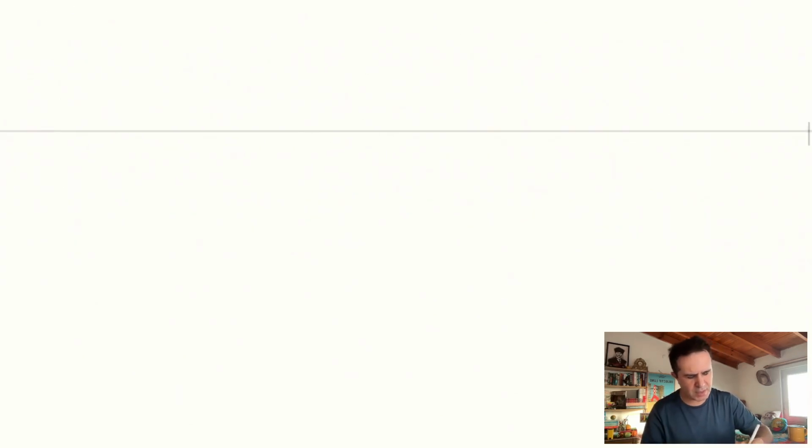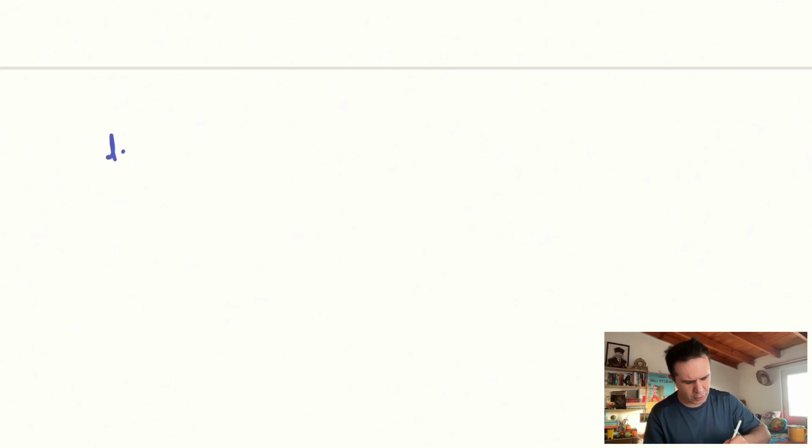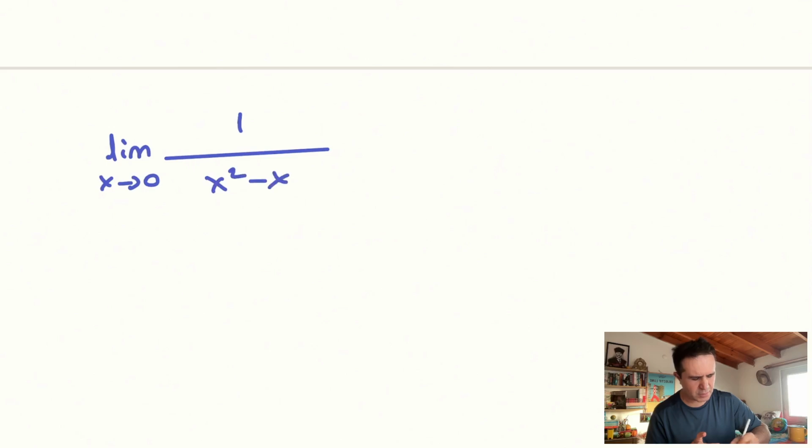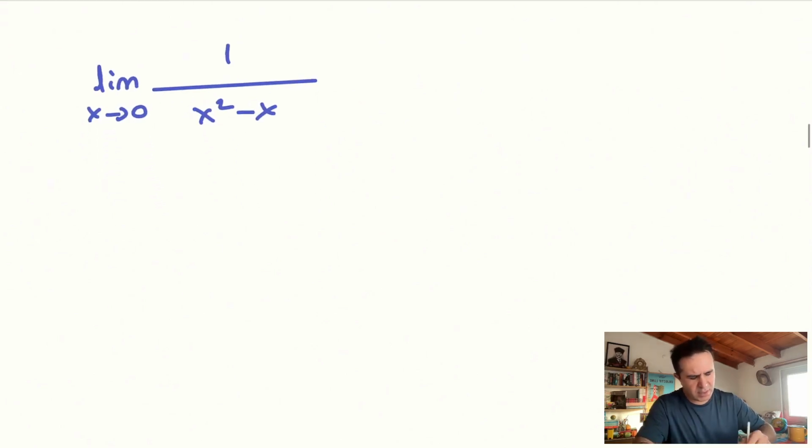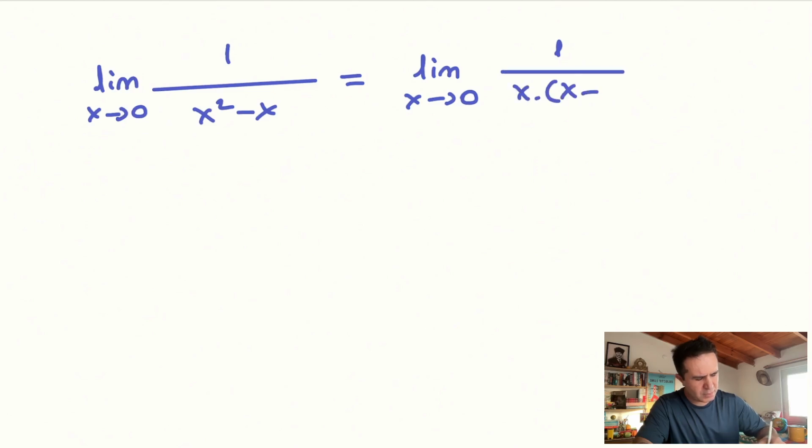Our first problem was: limit as x goes to 0 of 1 over x squared minus x. We can write this as limit as x goes to 0 of 1 over x times (x minus 1).